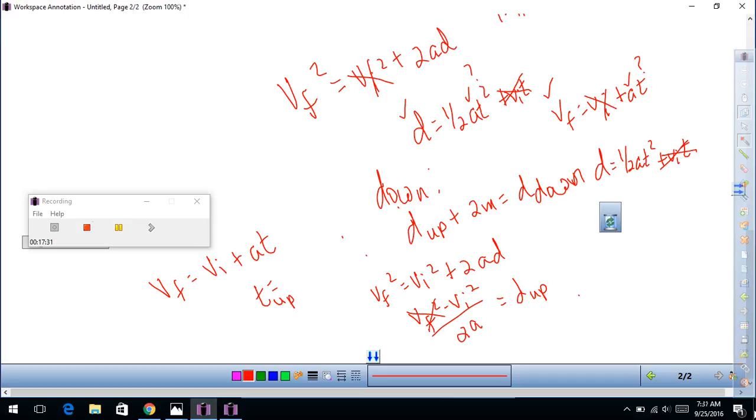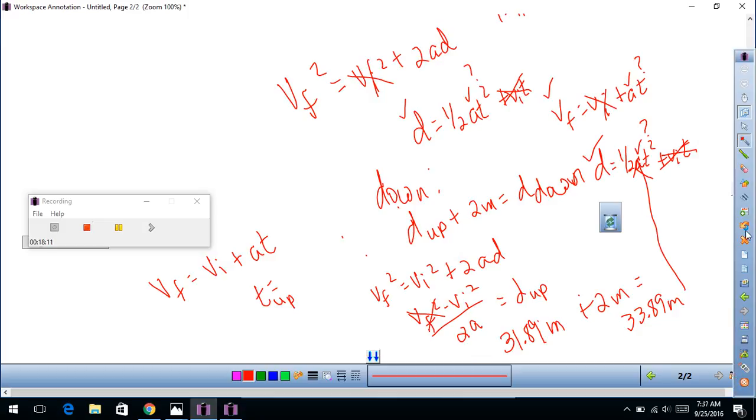And I would get 31.89 meters. That would be the distance that it went up. And I would add 2 meters to that to find that it fell 33.89. And then I would apply this equation here, because I know this, and I know A, and I could get the t that it falls. And it's going to be a little bit more than the t that it rises, because it fell down a little bit more.